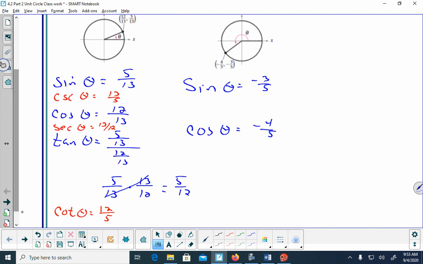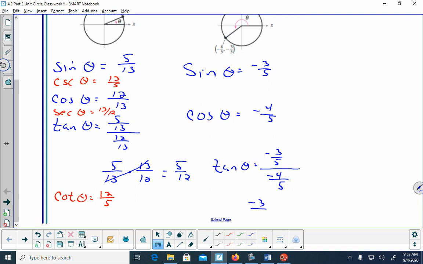And my tangent is going to be the y, which is -3/5, over the x, which is -4/5. To simplify that, I would take -3/5 times the reciprocal, 5 over -4, and I end up with a negative divided by a negative, which makes it positive, so my tangent is a positive 3/4.